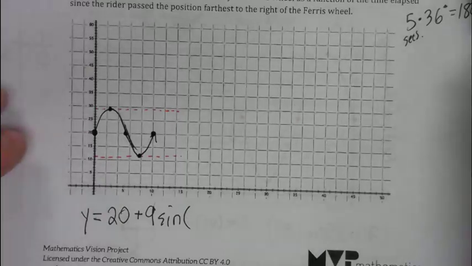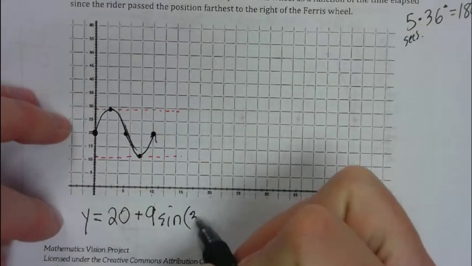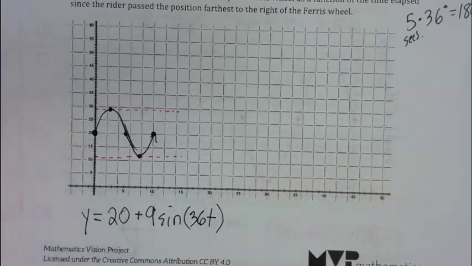And we know that it's going to be 36 degrees of the circle times the number of seconds that we're going for. And so we can say that every 36 degrees, we're moving through our circle. And every 10 seconds, we are finishing one cycle. And so we've got an equation for this.